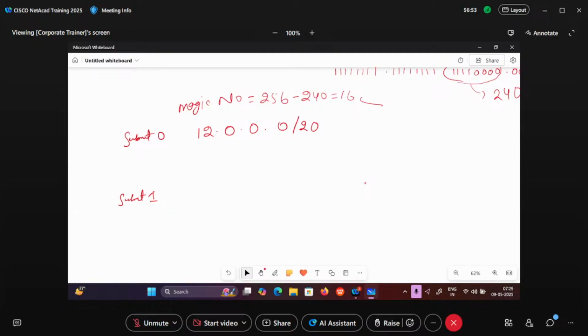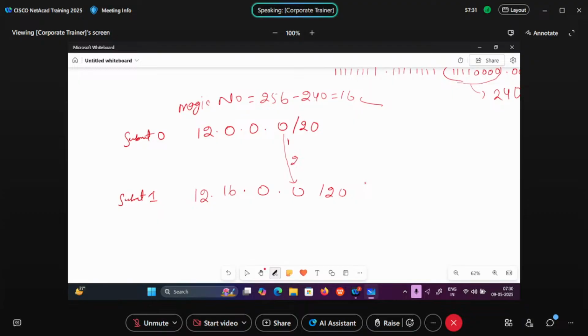Suppose I am writing subnet 1 as 12.16.0.0/20. We start from the first value and move ahead with 1, 2, 3, 4, and it goes up to 255. You will configure 254 hosts from the last octet, and it will change.